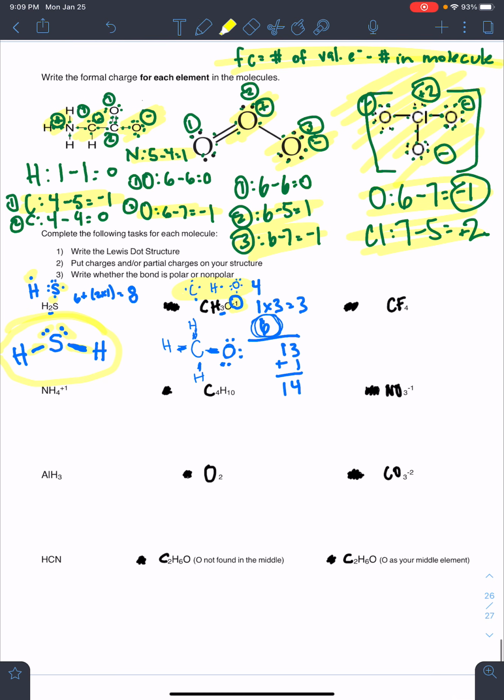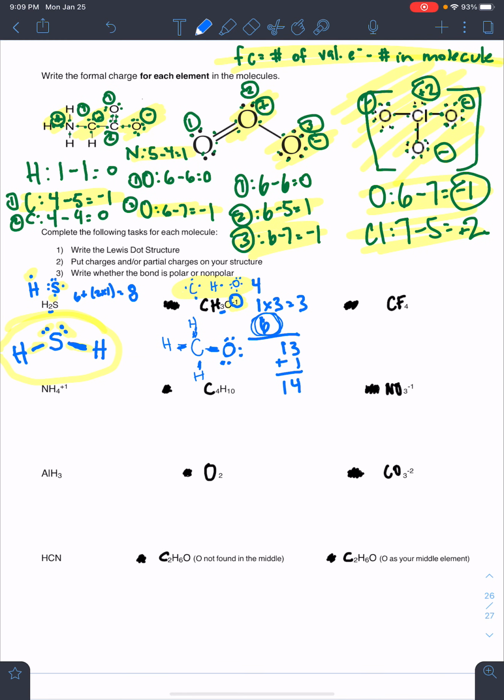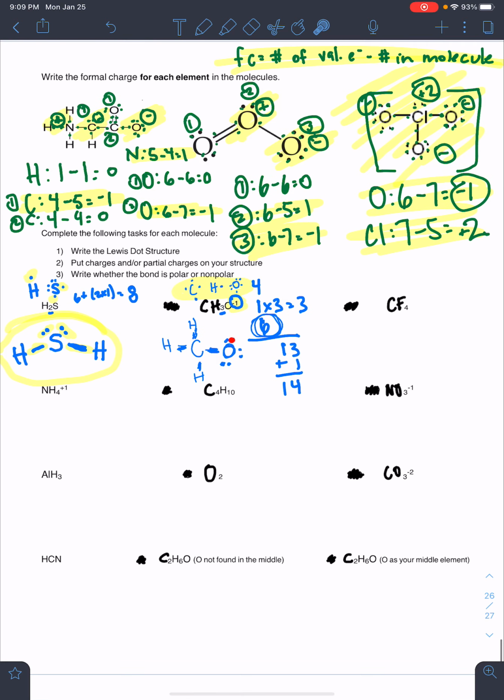This oxygen actually has, here let me use the red pen, 1, 2, 3, 4, 5, 6, 7. Since it has 1 extra, your oxygen is going to have the negative charge. We can count to make sure that we have the right number of valence electrons in the structure. We have 2, 4, 6, 8, 10, 12, 14. So that works out. This is your structure for that one.